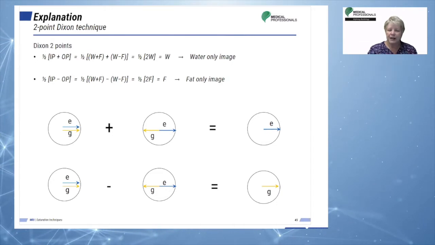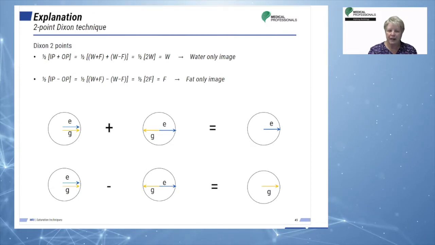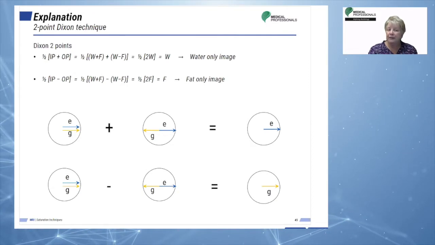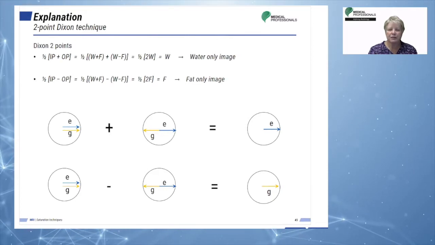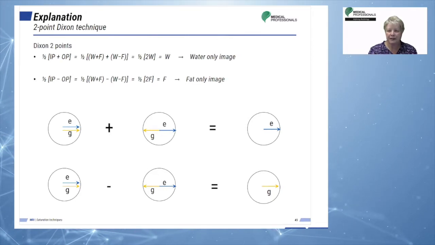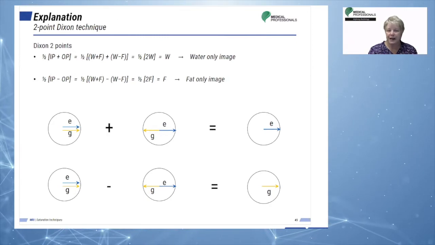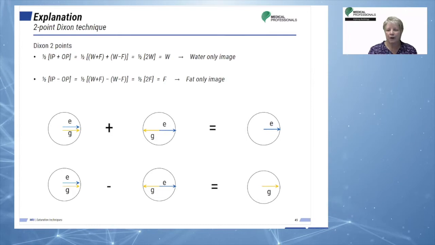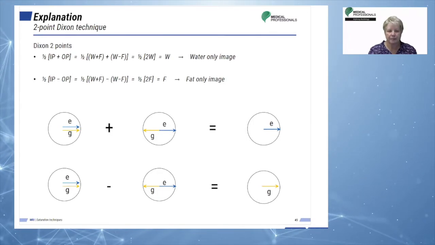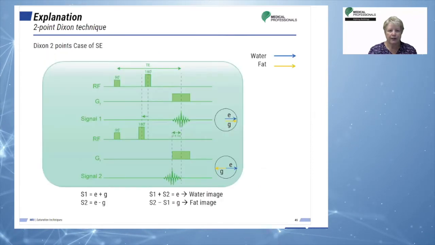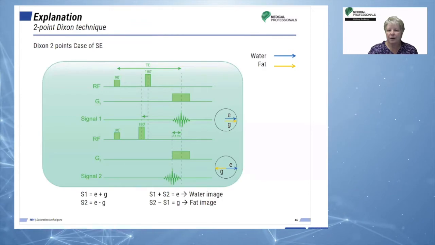As mentioned a few slides ago, this is a bit more complicated than the simple explanation. In the formula, W and F are the signal contributions from water and fat, respectively. By averaging sum and difference data from each point, pure water and pure fat images can be reconstructed. In this example, 2 acquisitions using spin echo are performed.